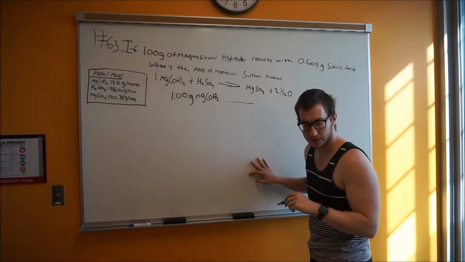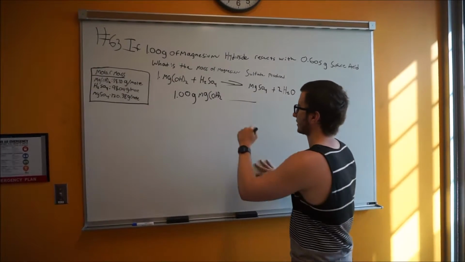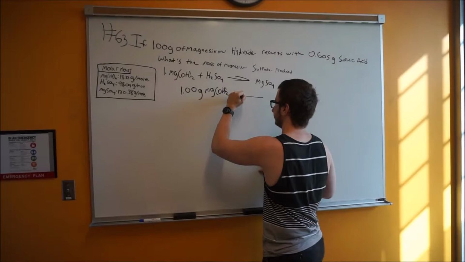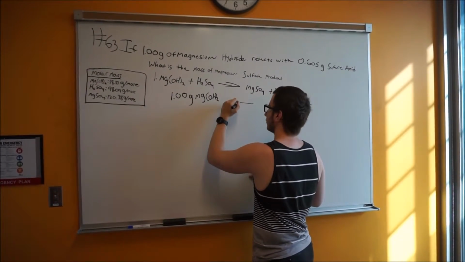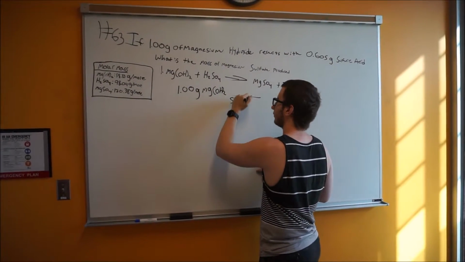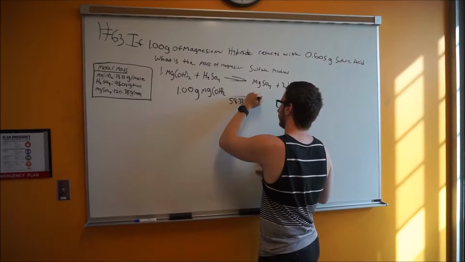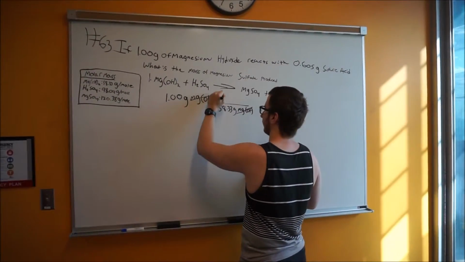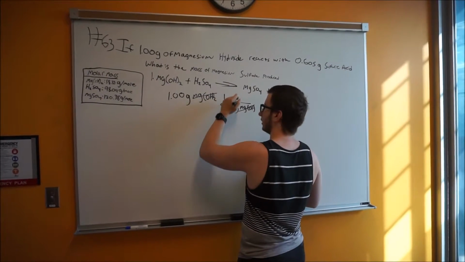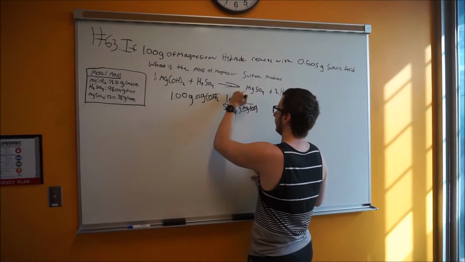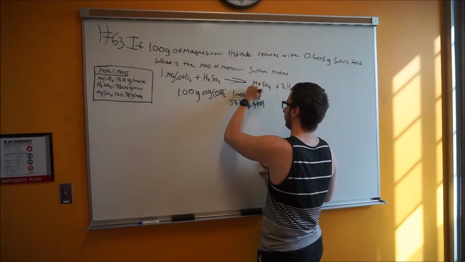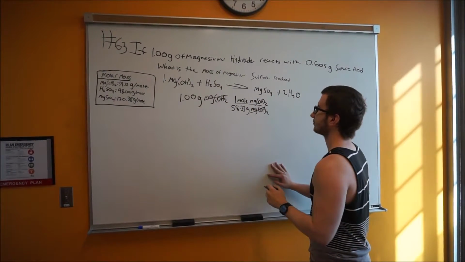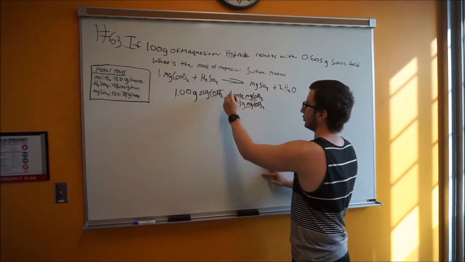So we put the molar mass on the bottom, which in this case is 58.33 grams of Mg(OH)2, which then cancels out, and then put that over 1 mole of Mg(OH)2.